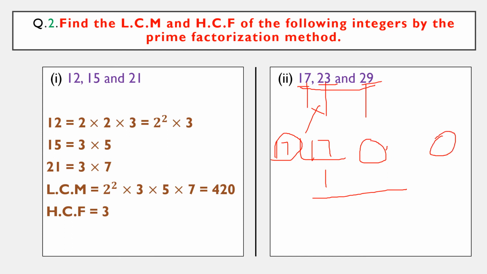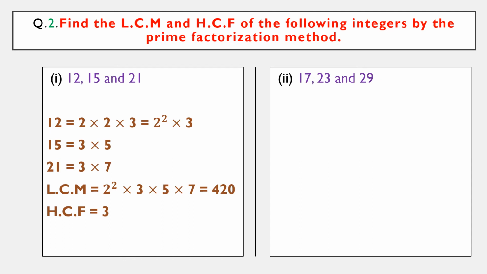Then what about the HCF? There are no common factors for these 3 numbers, so the HCF is 1. Because, as we already discussed, 1 is a factor of every number, so I can write 1 as the common factor for these 3 numbers.